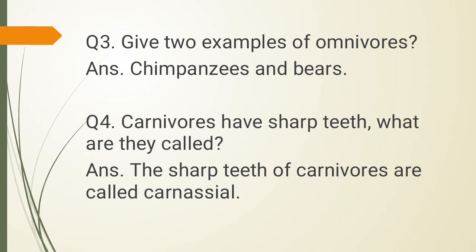We discussed it in our previous recorded session, in which we discussed in detail the teeth of carnivores, herbivores and omnivores. The sharp teeth of carnivores are called carnassials, C-A-R-N-A-S-S-I-A-L. These are the very sharp set of teeth of carnivores.